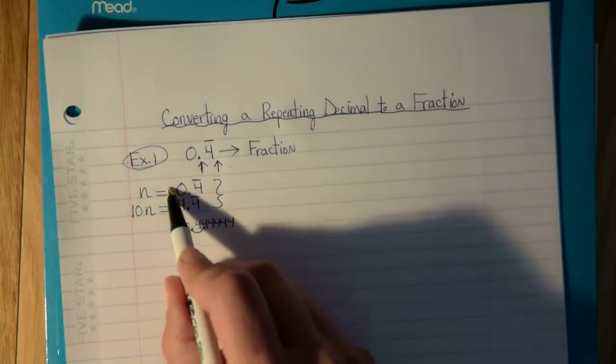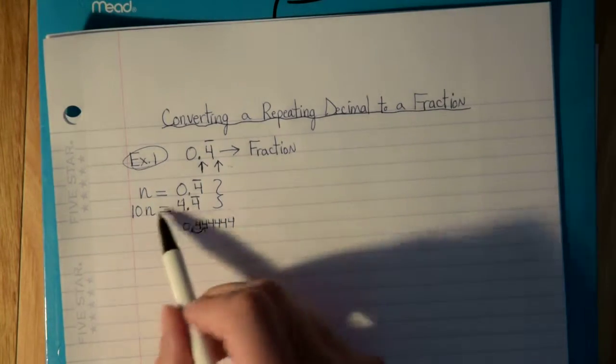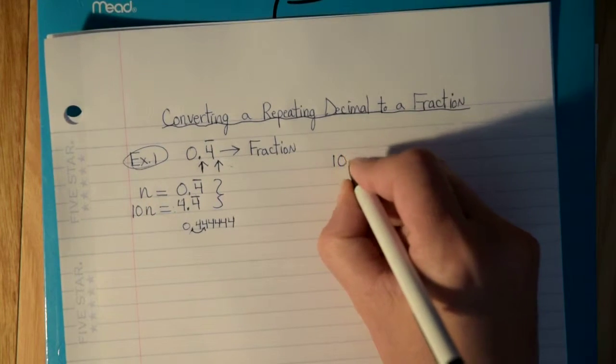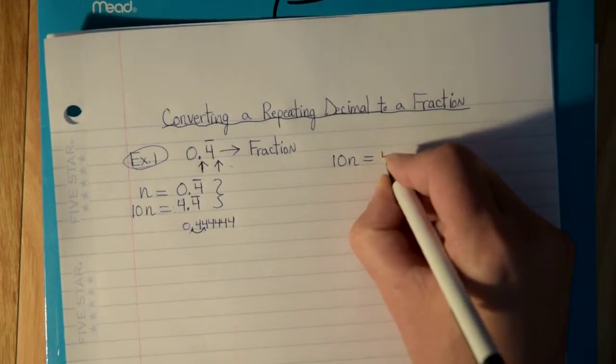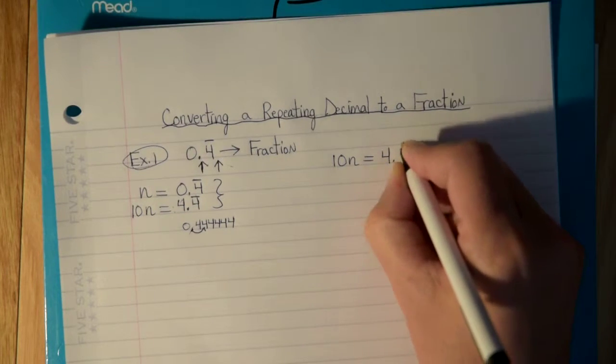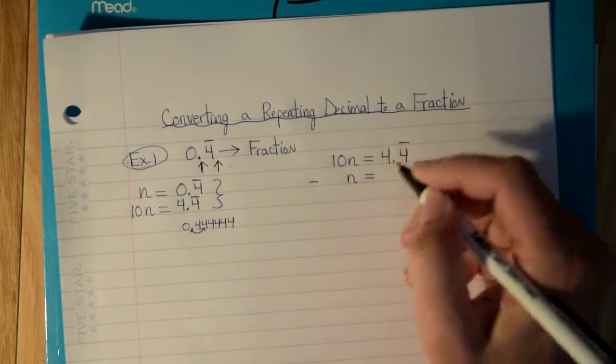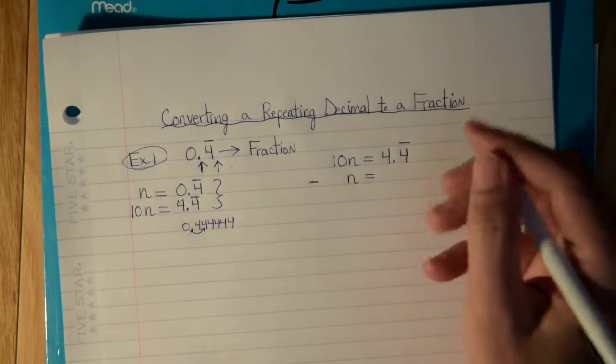Now you're going to take these two cases and subtract them. So taking the larger one, the 10n equation, put that at the top. Subtract the smaller one. Make sure you line up the numbers and line up the decimal on the right side.